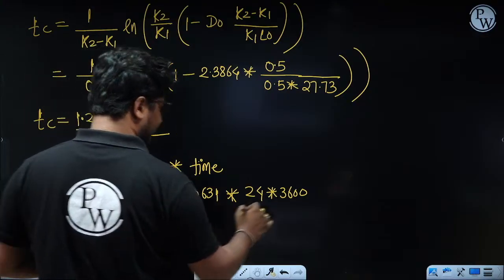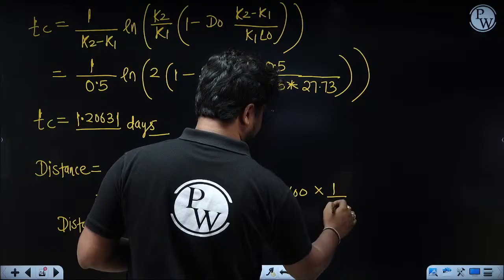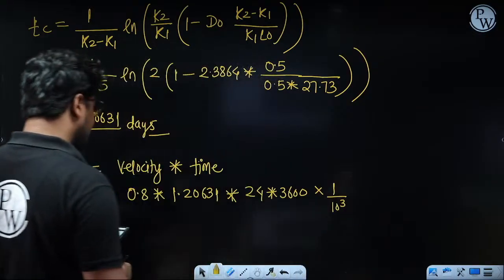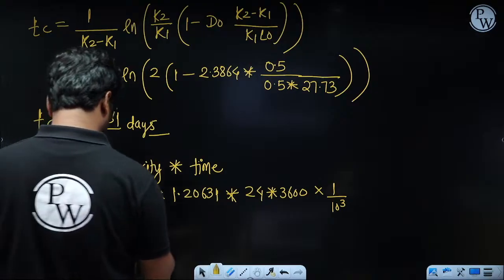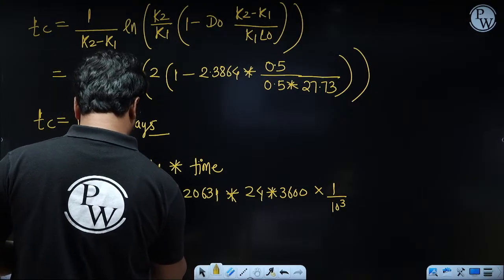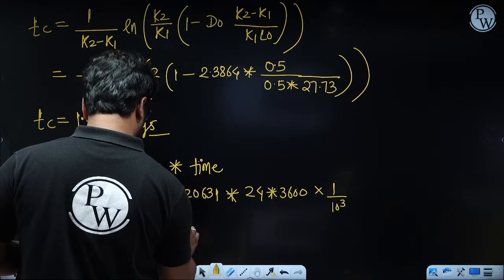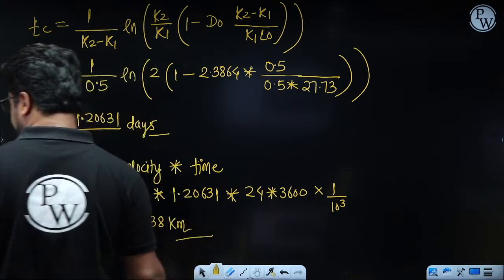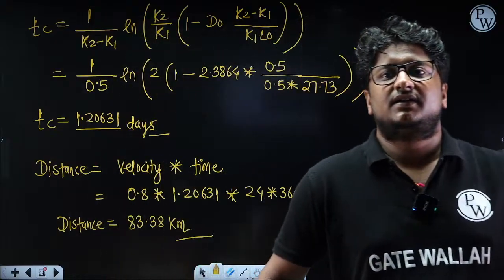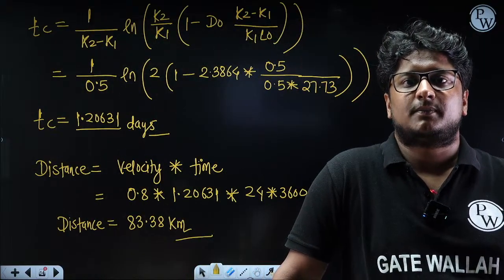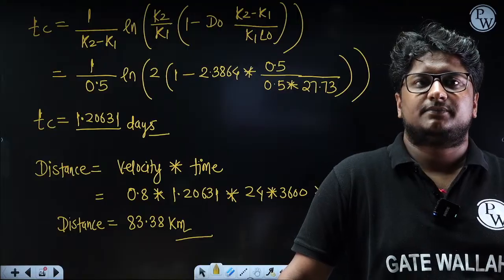And then I'm dividing by 10 to the power 3 because I want to get this value in kilometers. 83.38 kilometer. All of you are getting the same.